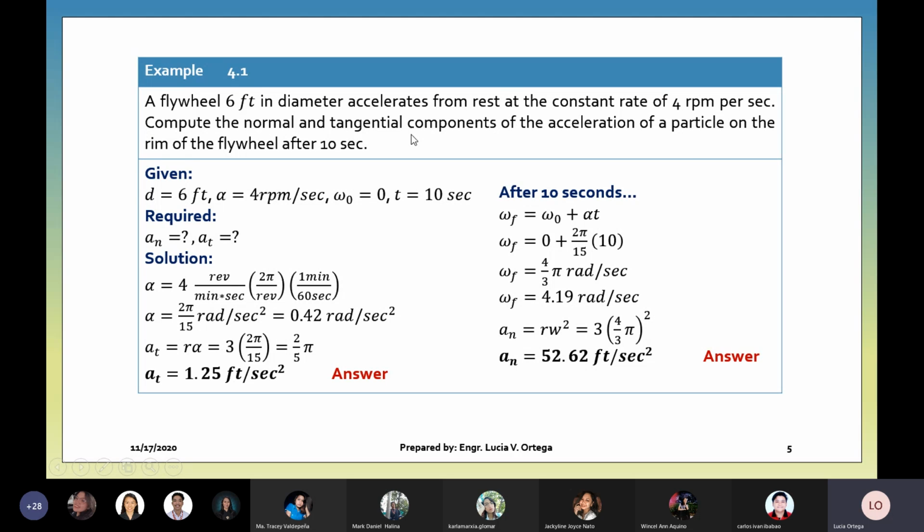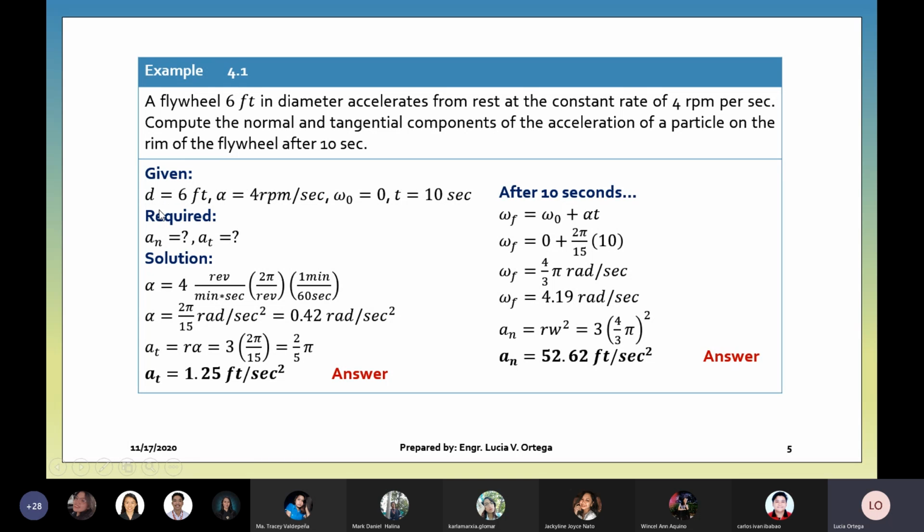Compute the normal and tangential components of the acceleration of the particle on the rim of the flywheel after 10 seconds. Remember, in the previous chapter, we have the equation for how to compute the tangential components of the acceleration.